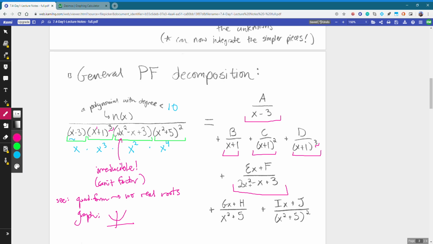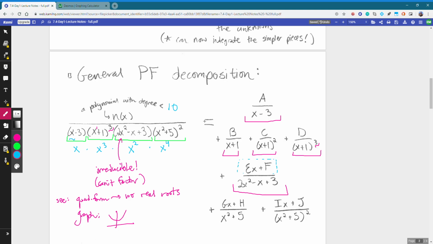But because it's a quadratic, because the degree of this factor is 2, we have to actually allow for the possibility of a linear polynomial up top. So we don't just have, say, a letter. We have something times x plus something else.